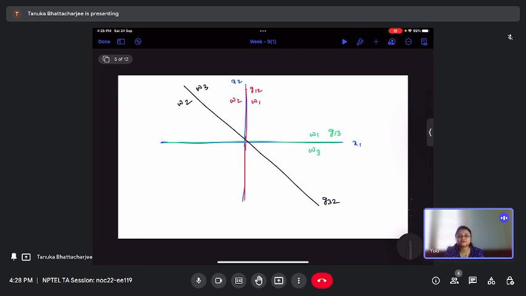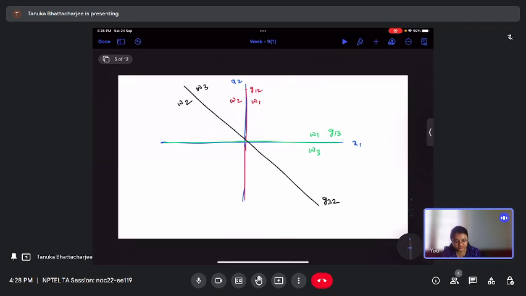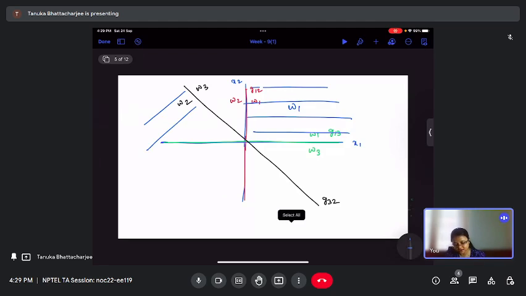Now here, if we take the intersections, omega 1 is the right side of the boundary G12 and above the boundary G13. If you take the intersection, this is just the first quadrant. So, basically this first quadrant will belong to class omega 1. Now, for class omega 2, it is the left side of the G12 boundary and the left side of the G32 boundary. If you take the intersection of these two regions, then you get this.